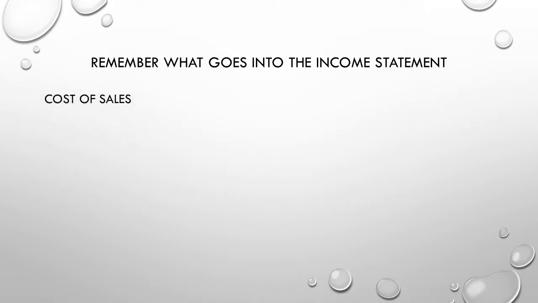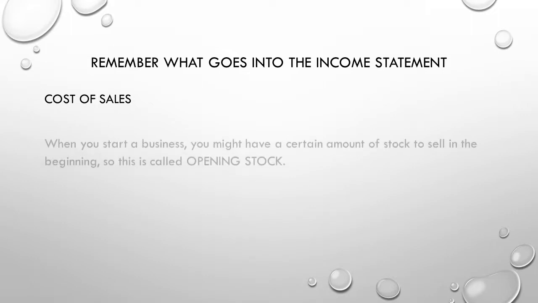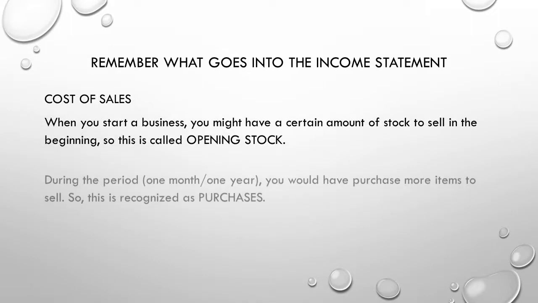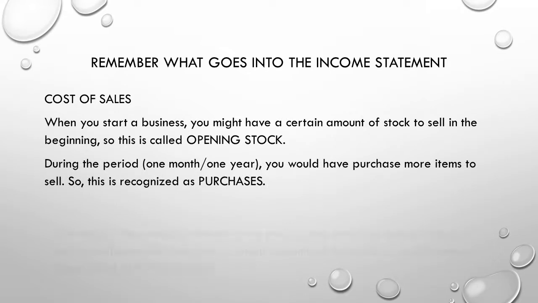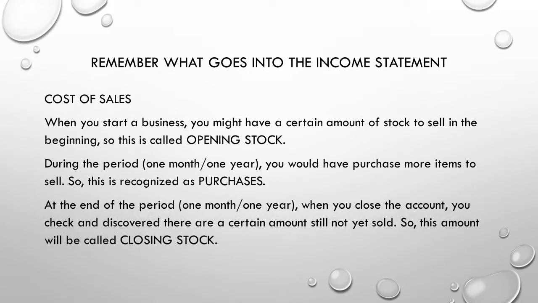Okay, this is one of the important items in the income statement, and it also proves the profit and loss situation of the company. So that is cost of sales. When you start a business, you might have a certain amount of stock to sell in the beginning. So this is called opening stock.